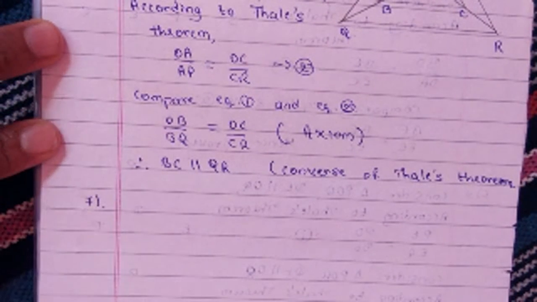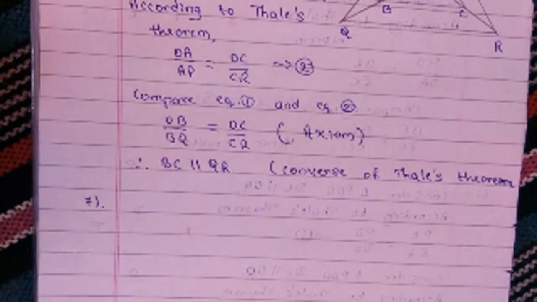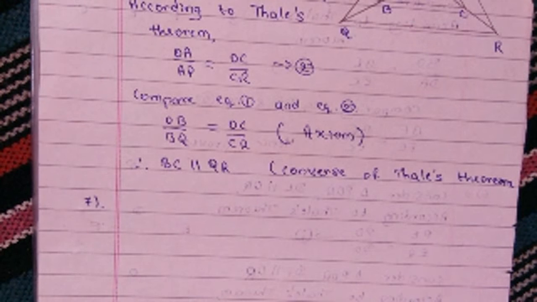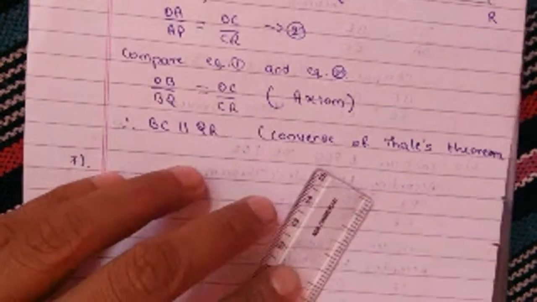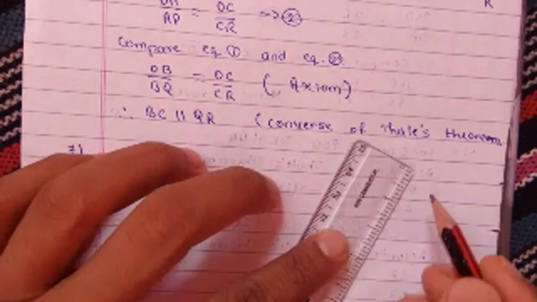So what is the given data here? We have to draw one line from the midpoint of one side of the triangle, and that line is parallel to another side of the triangle. Then we have to show it cuts the other side at the midpoint. I'll draw a small diagram.